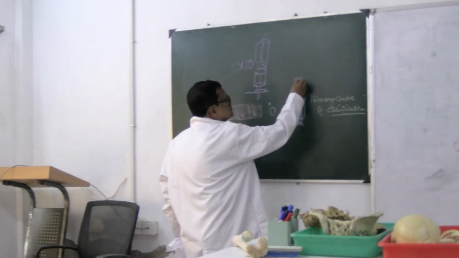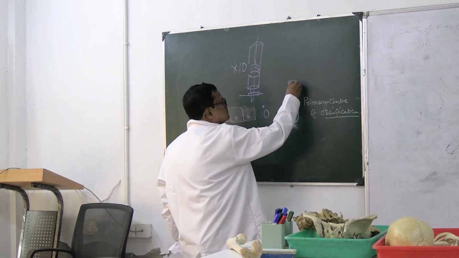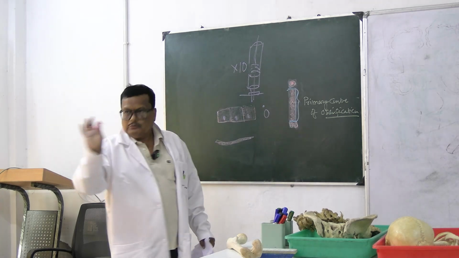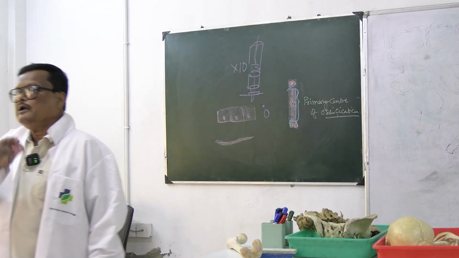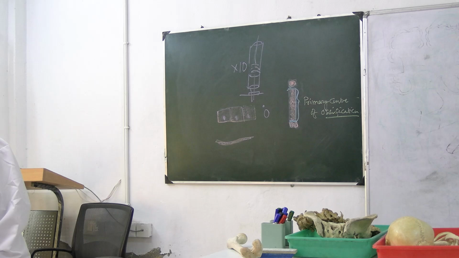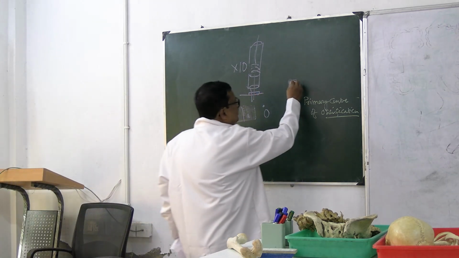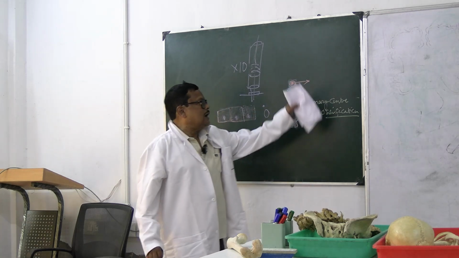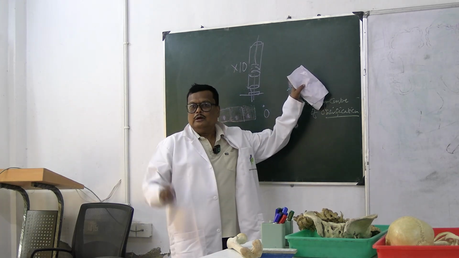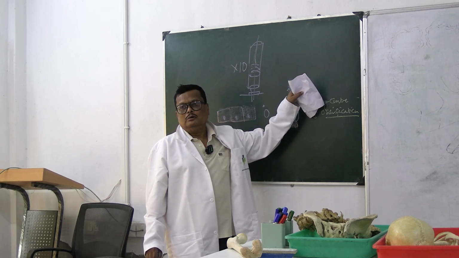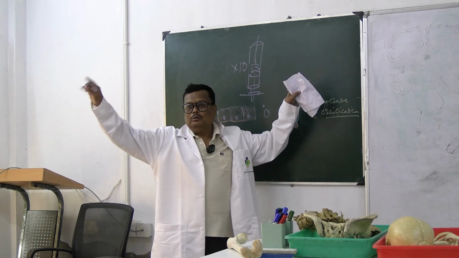Again, bone forming cells go there and form bone. Here two centers appear, there one center. Gradually this center of ossification, which appears after birth, forms the end part of the bone.